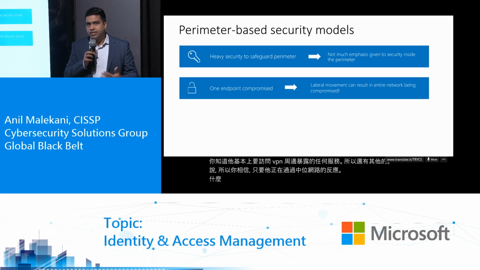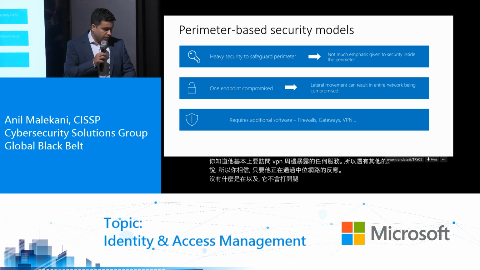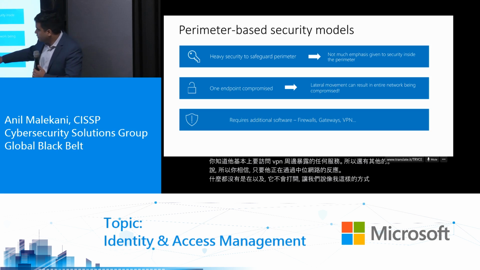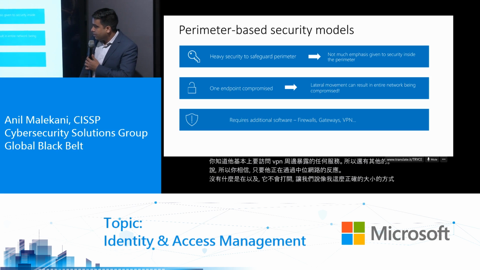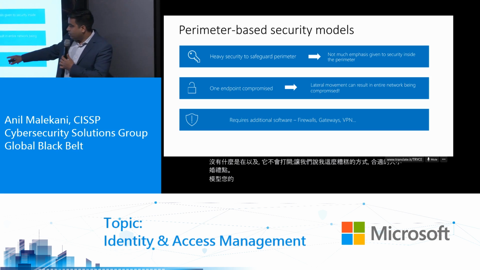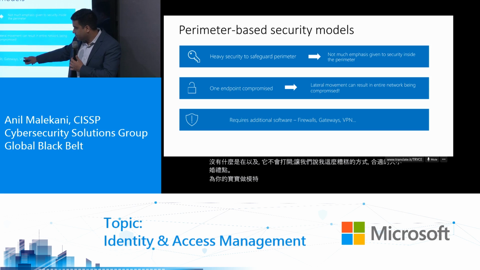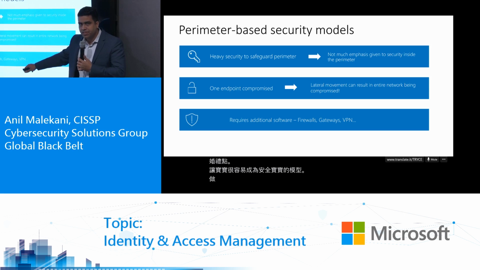So it becomes really easy for an attacker to penetrate a perimeter network and then do internal movement. The perimeter-based security models also require heavy investment in software and appliances like firewalls, gateways, and VPN.